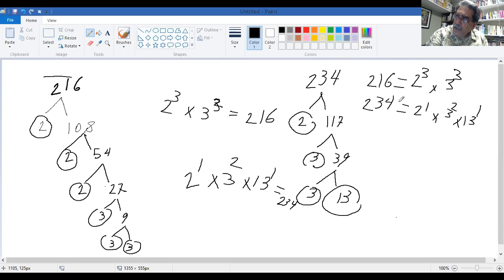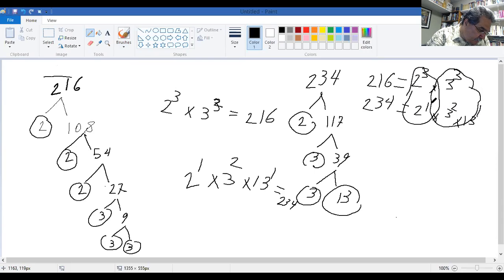Okay, so 2 is a prime number common to both factorizations. 3 is common to both of them. 13 is not.